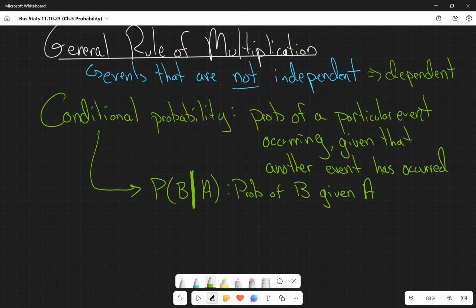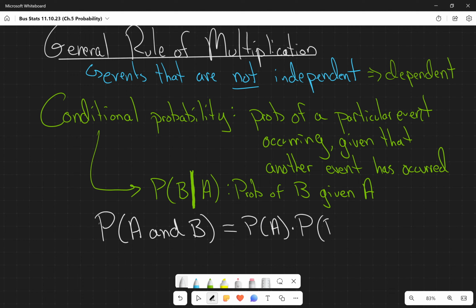When we have dependent events and we're looking at conditional probability, we have a general rule of multiplication as follows. The probability of A and B occurring when they're dependent on one another is going to be equal to the probability of A occurring multiplied by the probability of B occurring given A has already occurred.